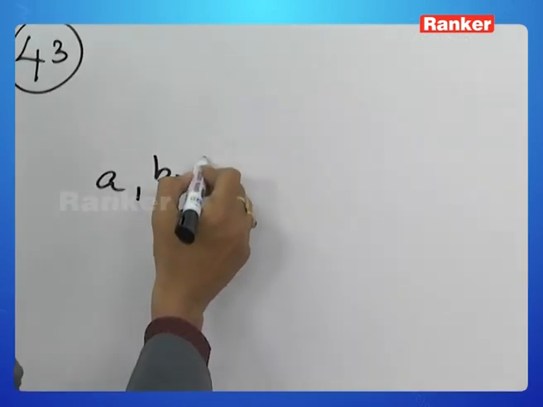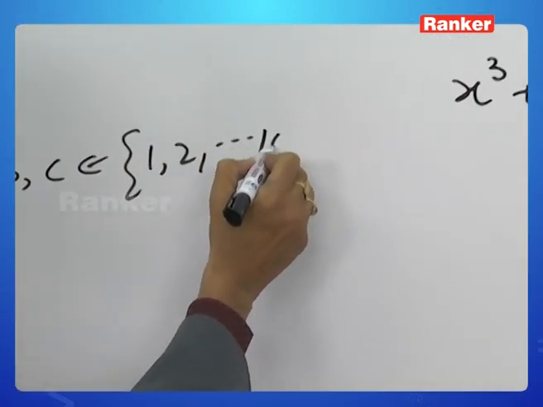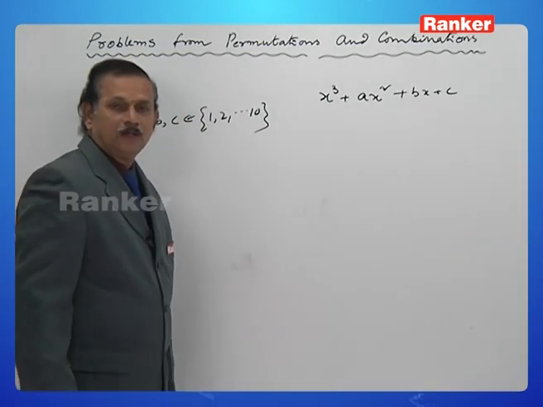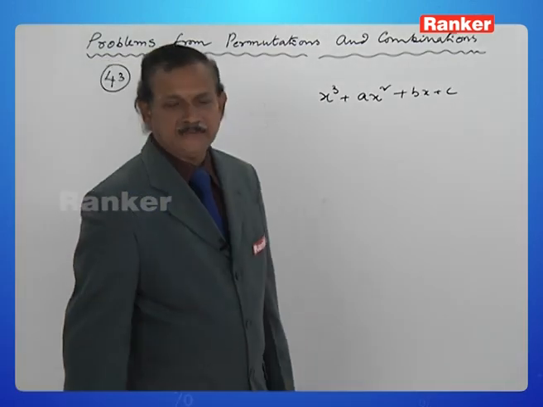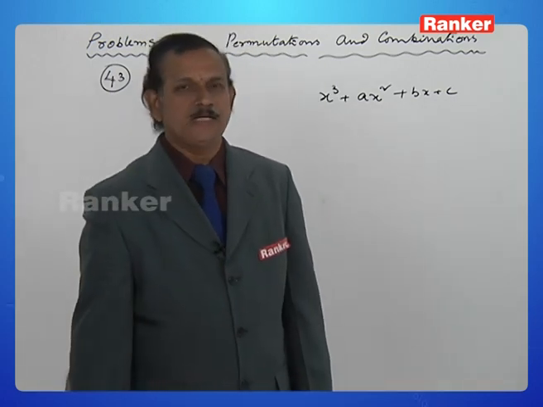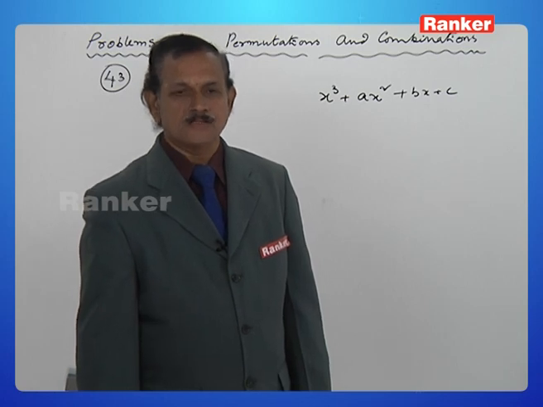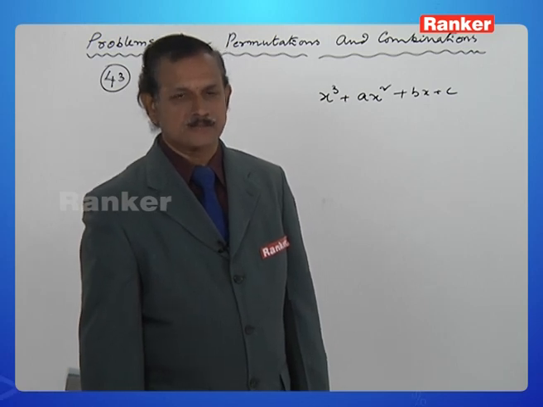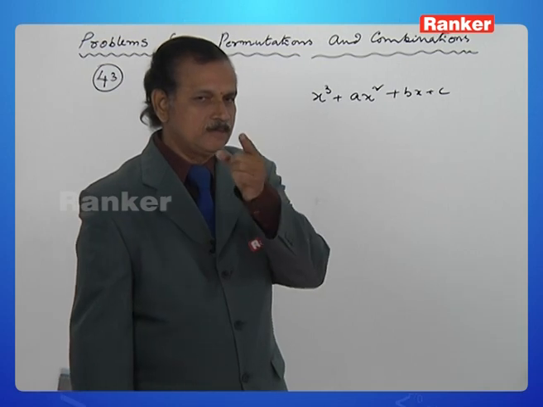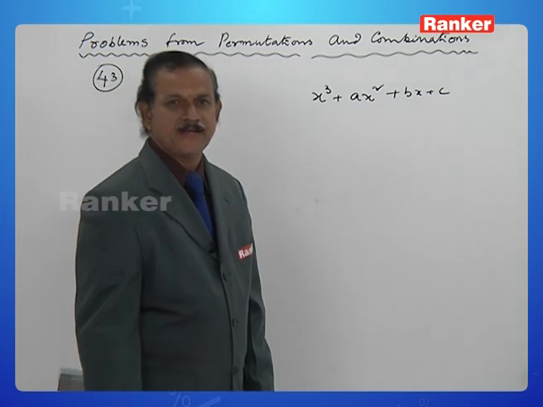A, b, c belong to the set containing 1, 2, etc., 10. This is the data. Another condition has also been given. What is that condition? That polynomial x cube plus ax square plus bx plus c must be divisible by x square plus 1, he is saying. Let us observe that case.